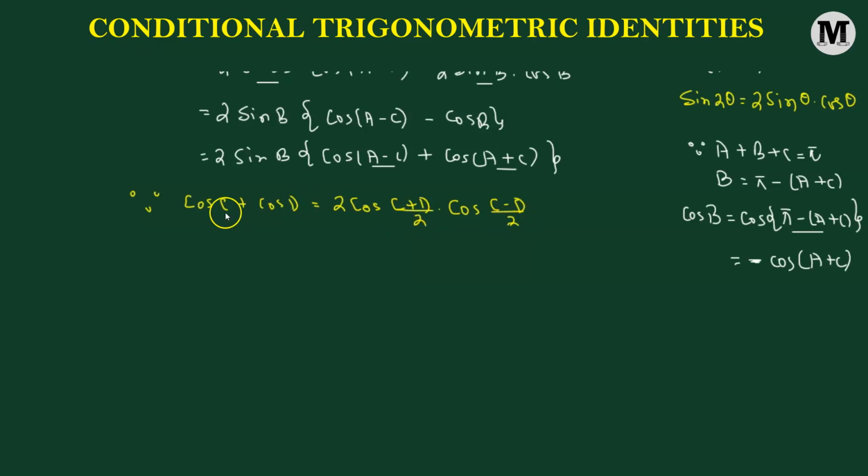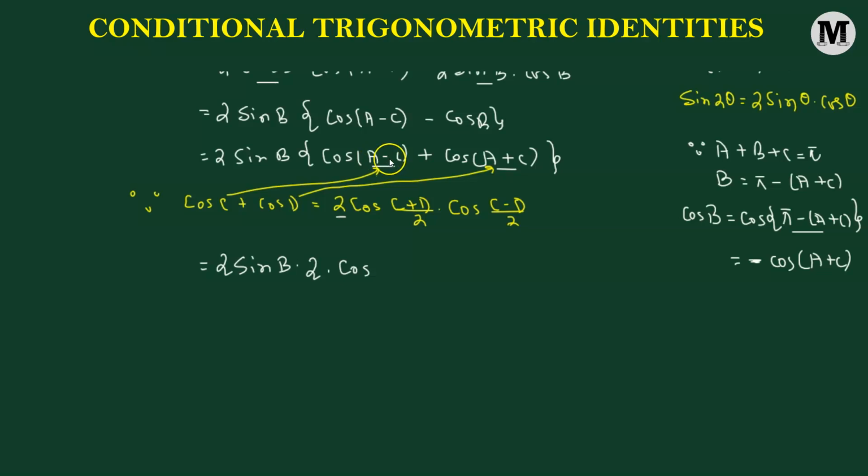So in our case, we will consider C to be equivalent to A minus C and D to be equivalent to A plus C. So this is going to be equal to 2 times sine of the angle B multiplied by 2 times cosine of C plus D over 2.